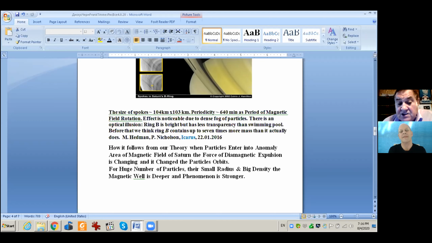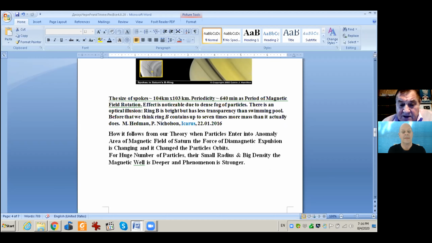That explanation follows from the consideration presented above: when a lot of small-radius particles with big density enter the anomaly areas of the magnetic field of Saturn, the force of diamagnetic expulsion changes, and it changes the particles' orbits.